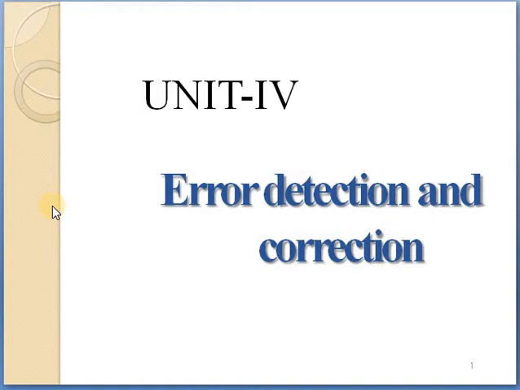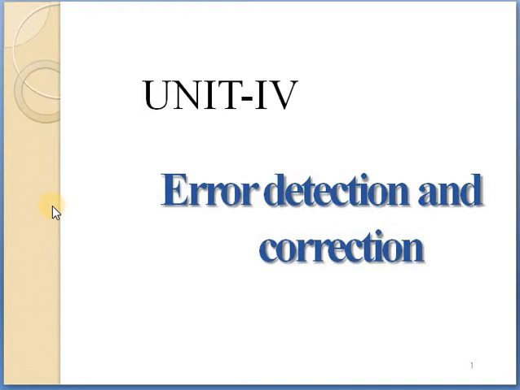Data can be corrupted during transmission, and for reliable transmission, errors must be detected and corrected. Errors in data are basically caused by various impairments that occur during the transmission.